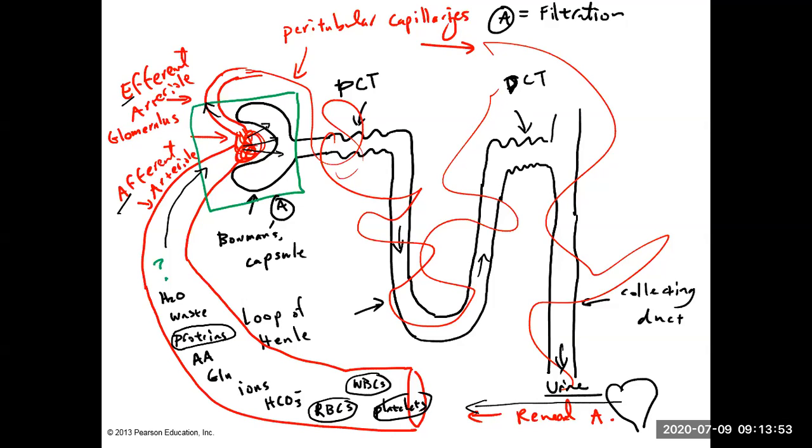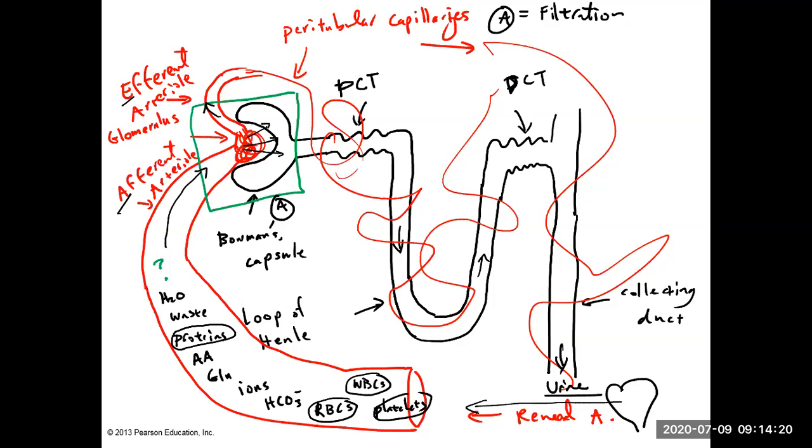So the amount of water that goes in and out depends on the osmolarity. If the osmolarity is too high due to excessive protein, more water can go in. If it's too low, more water stays out. You get edema and all that stuff that we discussed, right? So it's important to balance things. Everything needs to be balanced, and it's all about homeostasis.